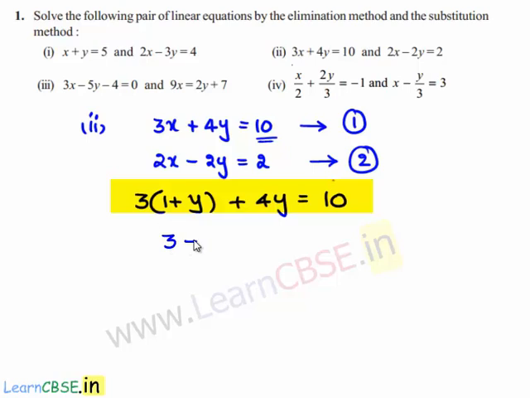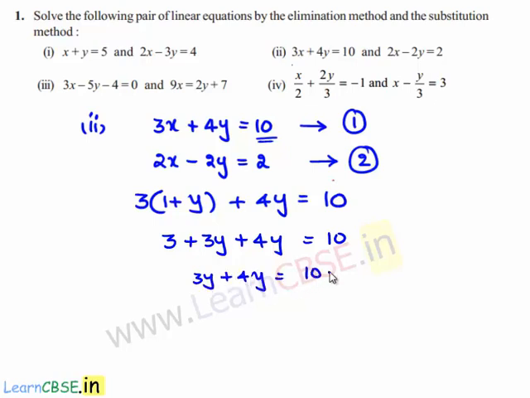So 3 plus 3y plus 4y is equal to 10. So 3 is transposed to the right hand side, and we'll be getting 3y plus 4y is equal to 10 minus 3. So 3y plus 4y is 7y, which is 10 minus 3, nothing but 7. So y can be written as 7 divided by 7, that is 1. So finally we have obtained the value of y to be 1.